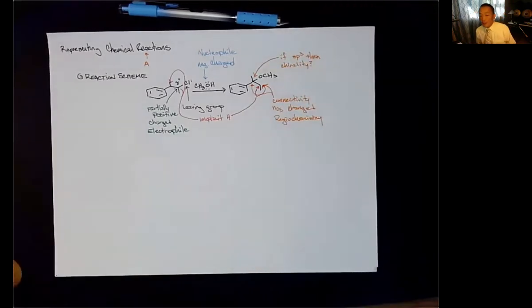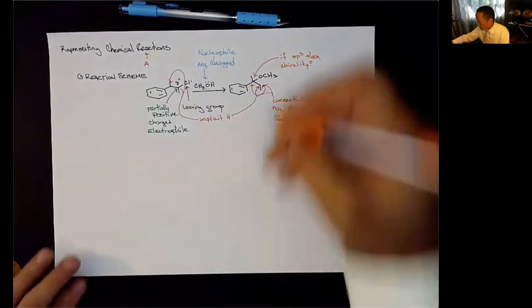Ugh. Good thing here, I won't be asking you to identify R and S. We won't be really using those tools all that much, but we still have to ask the question of, if we form a new carbon-nucleophile bond, then when that bond forms, is it forming in the right-handed or left-handed version of the molecule, or is it even possible?